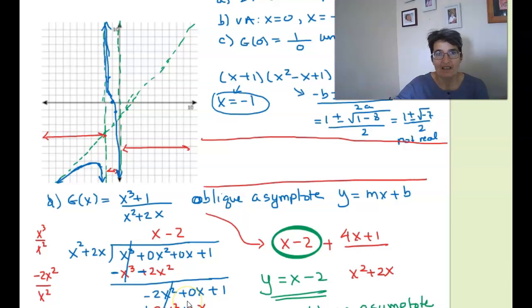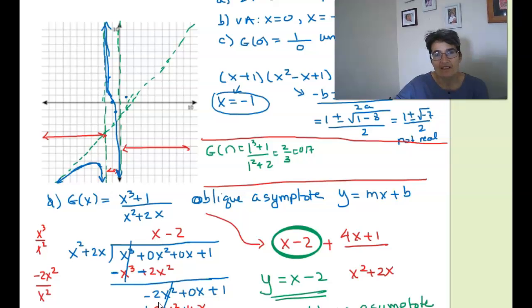Let's do it in green. I need an x value bigger than 0, so let's do g at 1. This is 1 cubed plus 1 over 1 squared plus 2 times 1, so 2 over 3, which is about 0.7. So we're up in this region.